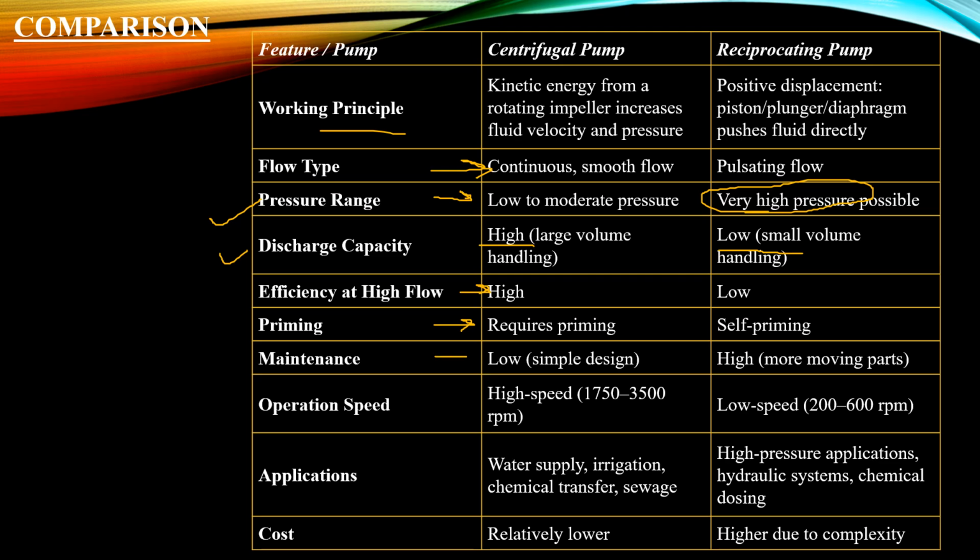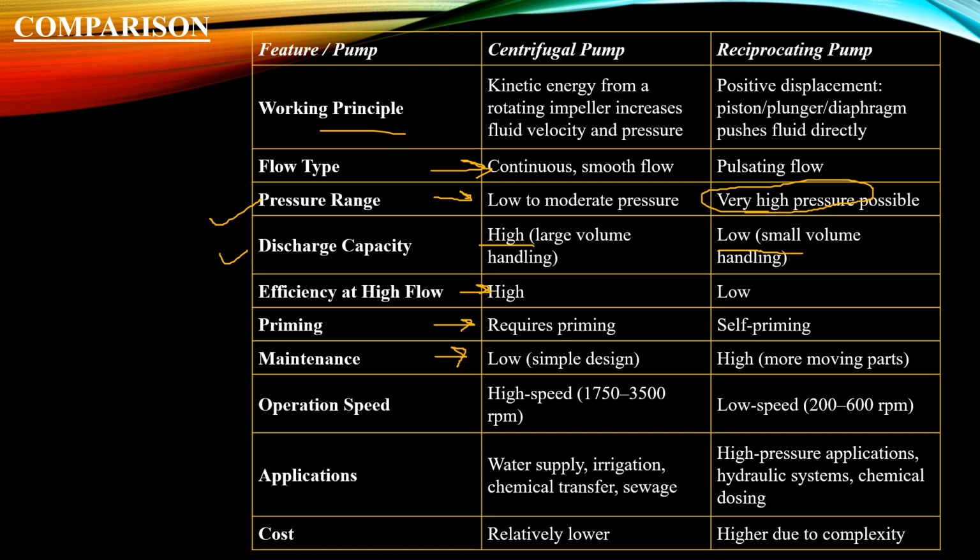For maintenance purposes, centrifugal pump needs very little maintenance as it has a very simple design. Okay, it has only the impeller part. Okay, and for reciprocating pump, we have high maintenance because it has more moving parts such as piston, plunger, diaphragm, cylinder. Okay, then operation speed.